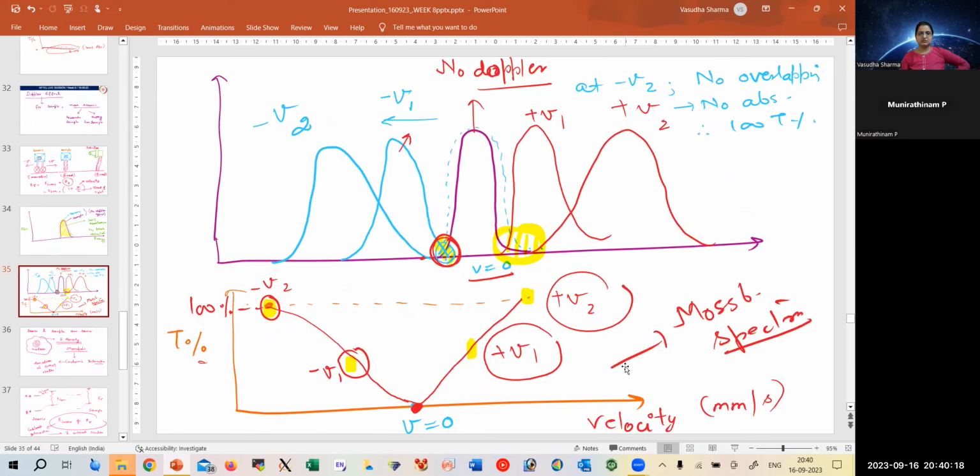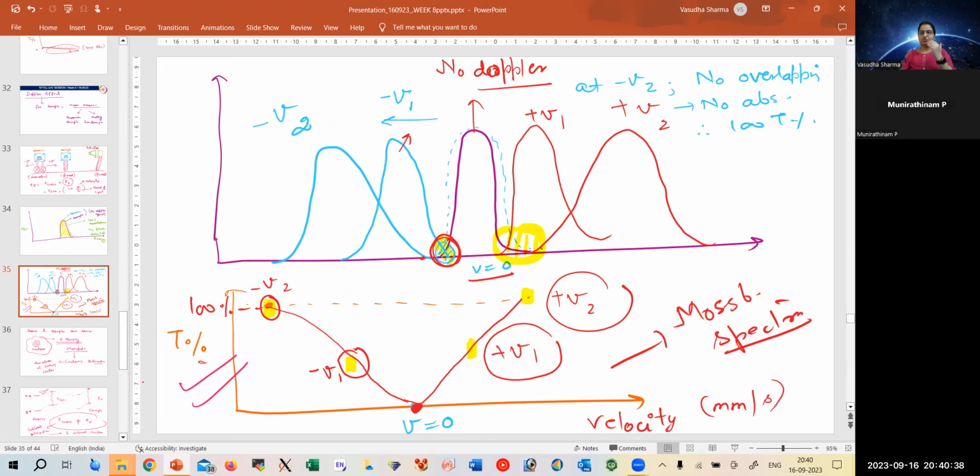The transmittance versus velocity is your final plot, which you will get in Mossbauer spectroscopy. Ultimately, our detector is going to detect only the transmitted light, so it depends upon the detector.